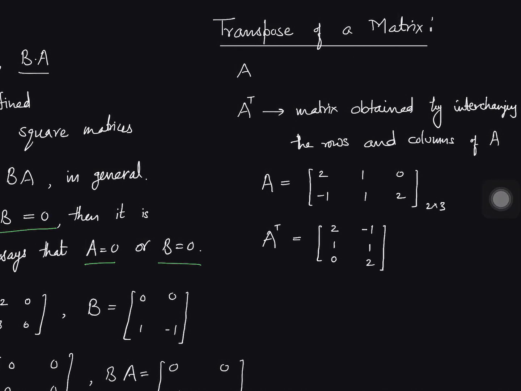So what will be the size of this matrix? It has 3 rows and 2 columns. That means if you have a matrix A whose order is m cross n, then the transpose of the matrix will have order n cross m. So there are some properties.